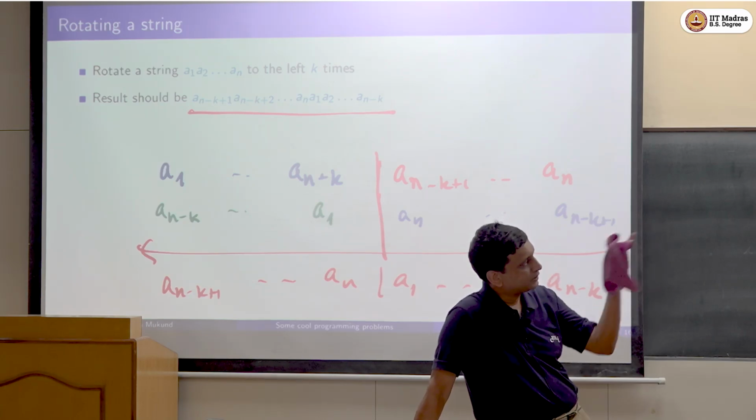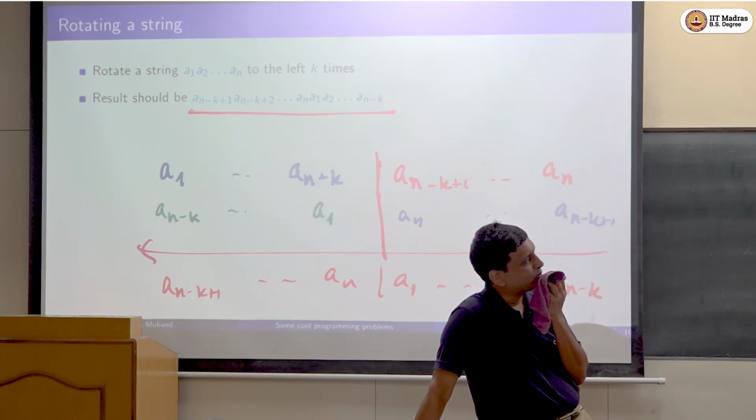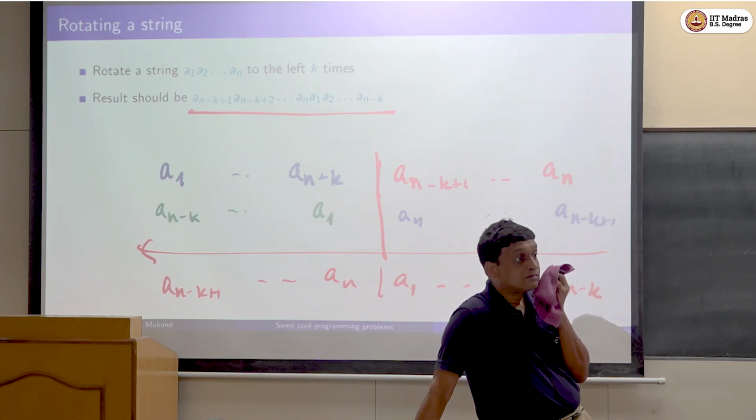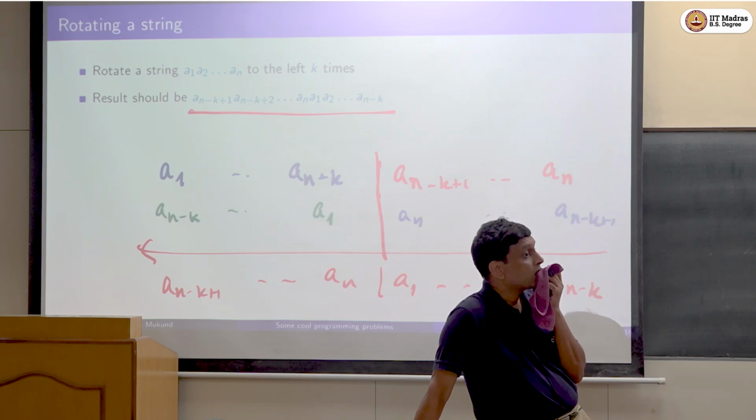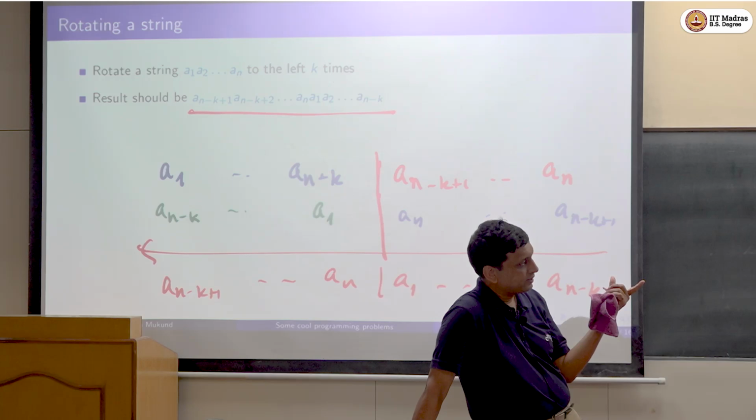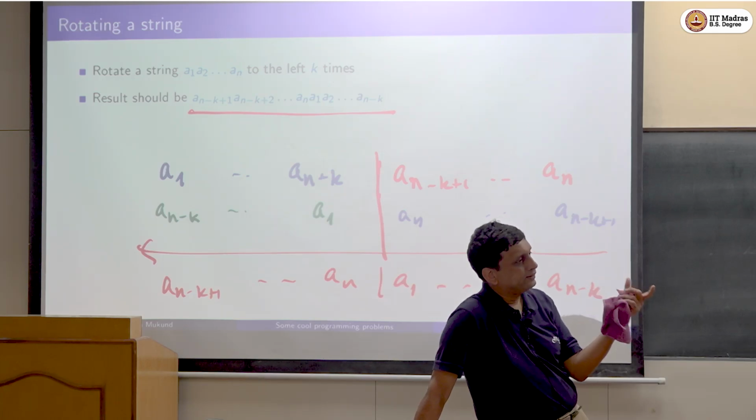Right? So that's what the first line says, right? That's what we want. Correct. So you will first do it to n minus k, k, and then to n.